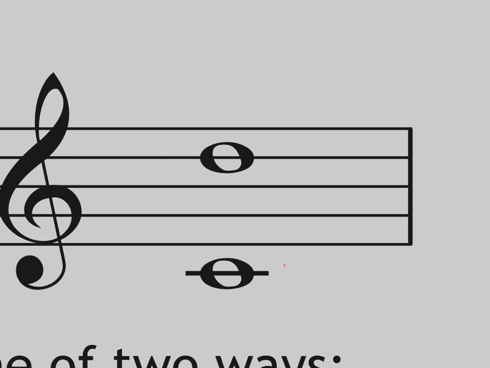If the simple interval, the interval within the octave, is major, then if you add an octave, it's still going to be major. It's still going to be exactly the same quality of interval.